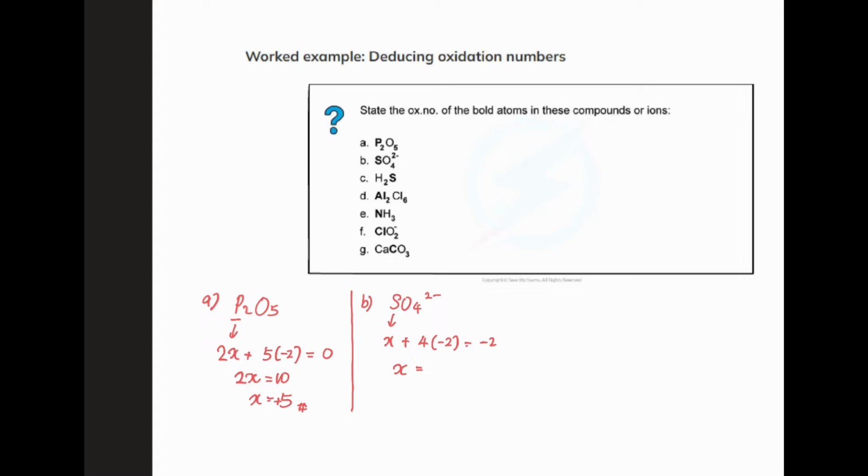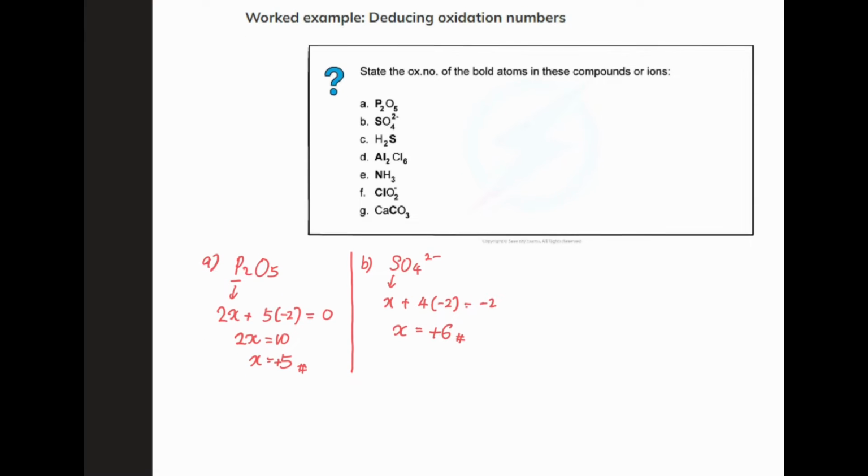Then you get sulfur as +6. So the oxidation number of sulfur is +6. Now I have shown 2 examples already. You have to try the others, C until G, one by one. Once you finish C, tell me, and we discuss C first.